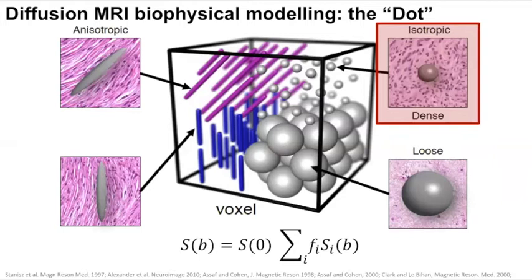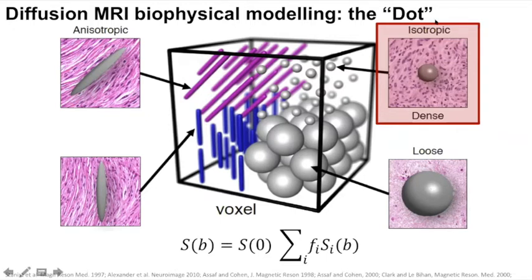Today I will be talking about compartments that are isotropic and very small and dense, and whether we can detect those with diffusion MRI.